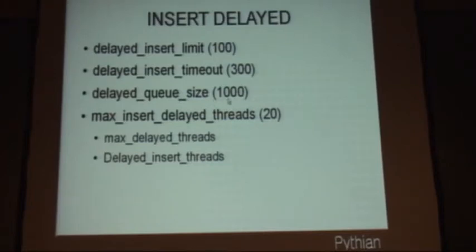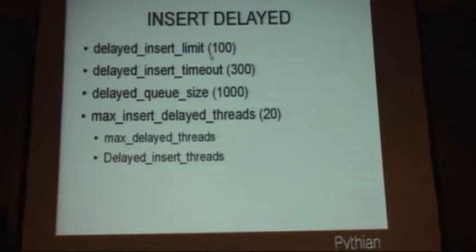Each thread can handle 1,000 inserts before it needs to actually do the insert into the table. The delayed insert limit is 100. So let's say you've done 1,000 different insert delays. It's like, okay, I hit number 1,000, I'm going to insert it into the table now. It's going to insert the first 100 rows and then process any selects.